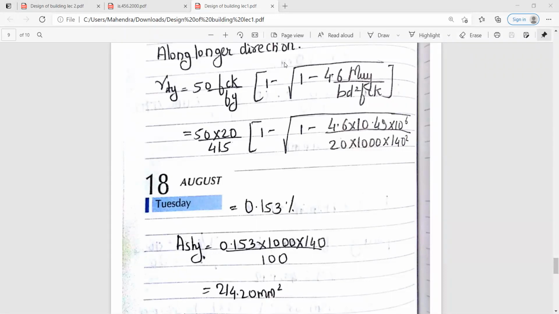Yes, everyone got the answer for the ASD, that is 214.20 mm square. What about others? Should I proceed further? Yes, please reply in the chat box, or you can unmute yourself and speak.